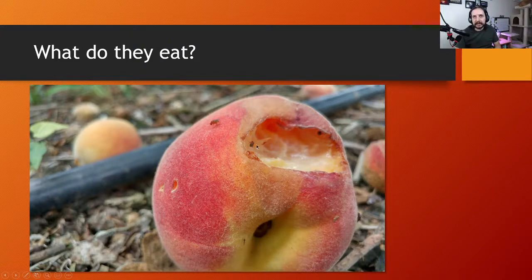So they are not really fruit flies, but kind of vinegar flies. They really like the smell of vinegar. If you are trying to trap them at home, you can use vinegar to trap them, and that's why they're not really fruit flies.